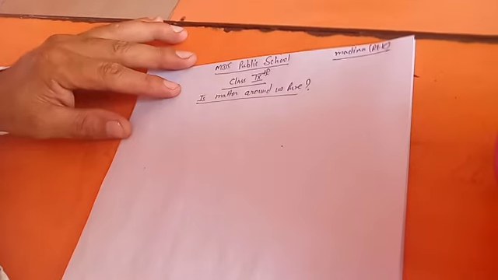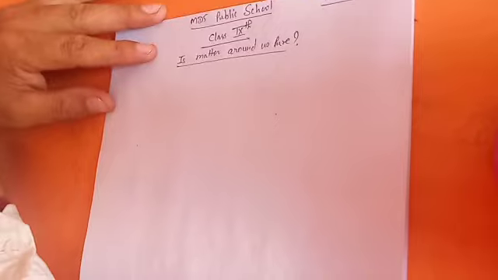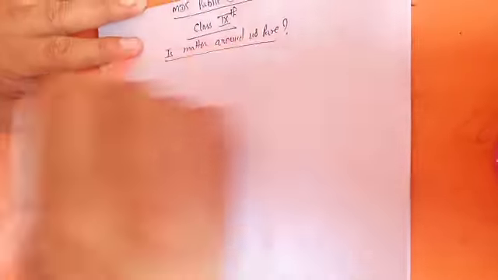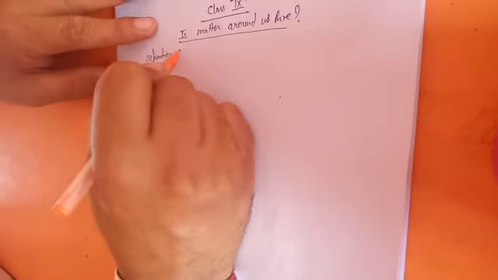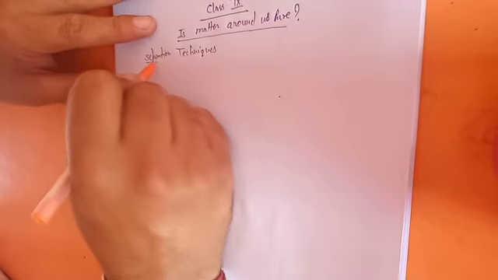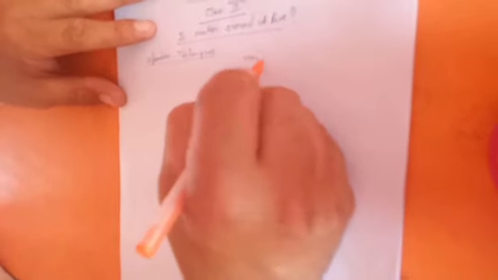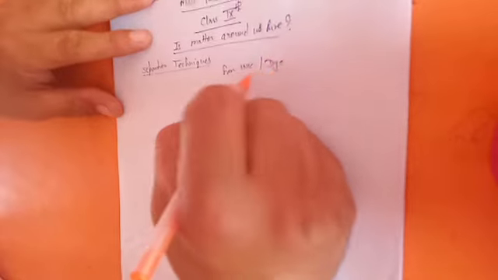Hello, dear students. In the previous lecture of the chapter Is Matter Around Us Pure, we were discussing separation techniques. We discussed separating, like from ink, the dye particularly.